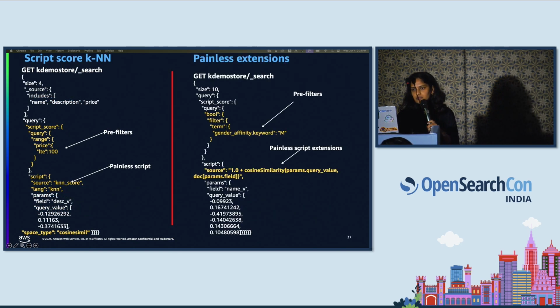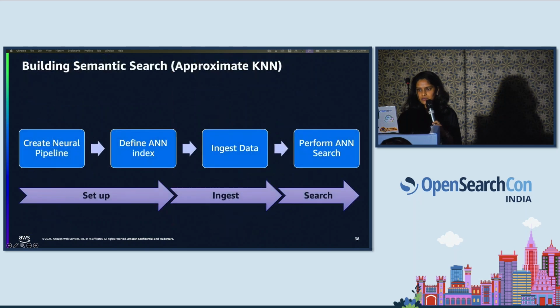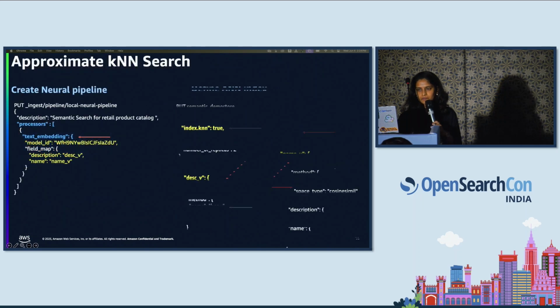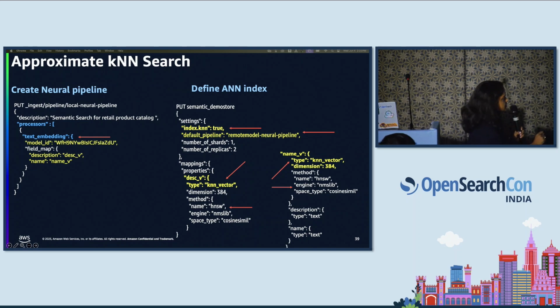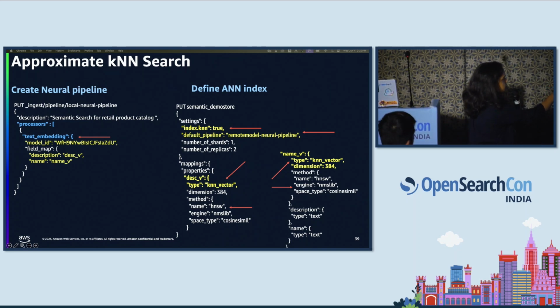So this is an example which is talking about the KNN part. You will see painless scripts added. I'll skip a few of these. And this is approximate KNN search. I just want you to focus on the part that there is a model ID, and you create a processor where you are going to create an ingest pipeline. So you create an ingest pipeline, you select the model ID, and then you put in certain methods here.